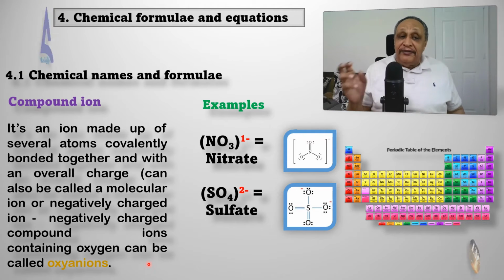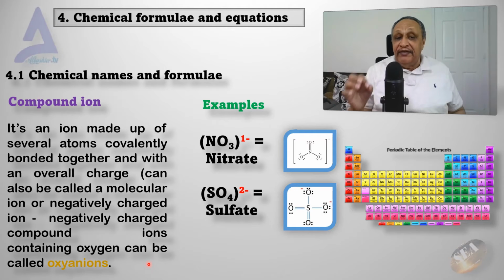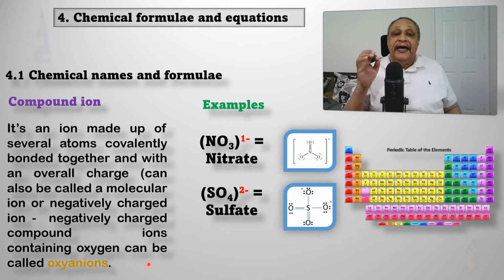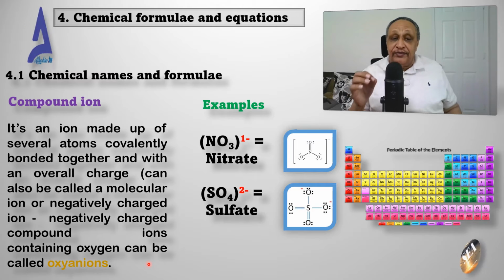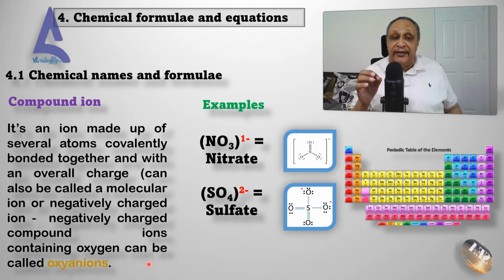A compound ion is an ion made up of several atoms covalently bonded together with an overall charge. It can also be called a molecular ion.